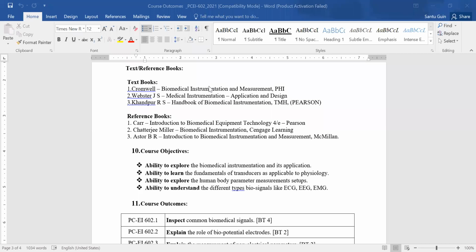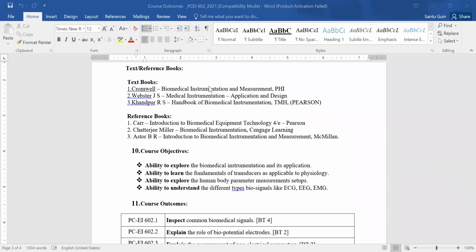Another book is the Handbook of Biomedical Instrumentation by R.S. Khandpur. The reference book is Introduction to Biomedical Equipment Technology by Carr. Different books are available, but only Cromwell and Khandpur are available in our library, so you can avail them anytime.